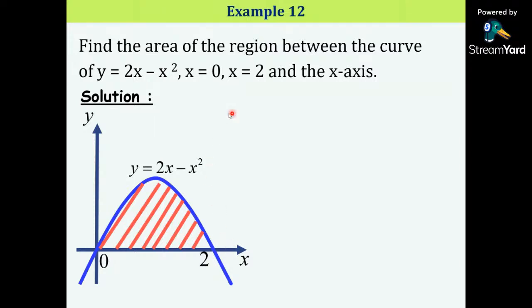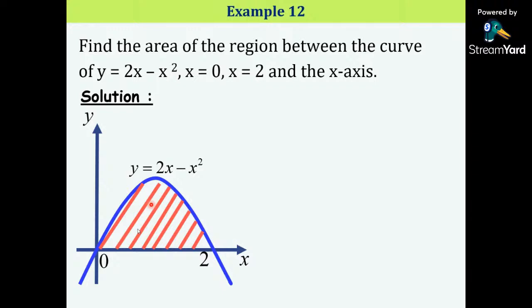As you can see, the curve is bounded by the lines x equals 0 and x equals 2. So it starts from 0 until 2. And here is the x-axis. Next, we want to find the area.